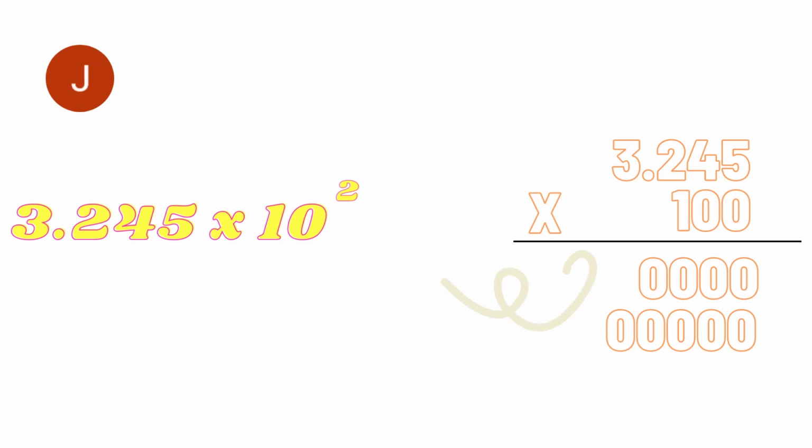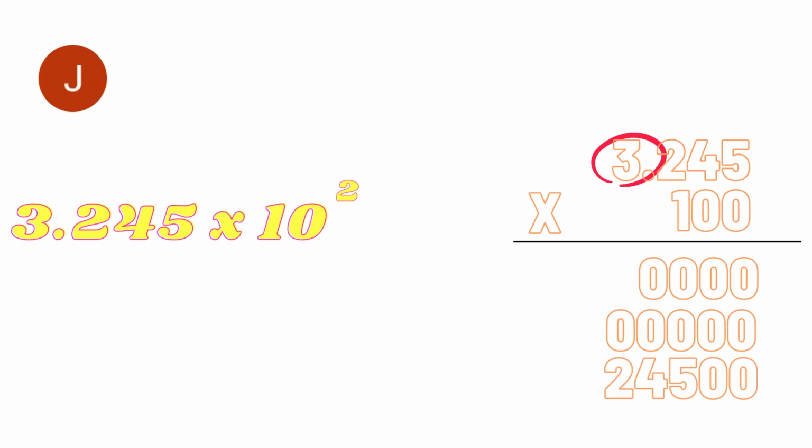Now, finally, we can move to the 1. The 1 is in the hundreds place. So before we start multiplying, we have to add the zeros in the 1's and the 10's place and then begin to multiply. 1 multiplied by 5 gives me 5. 1 multiplied by 4 gives me 4. 1 multiplied by 2 gives me 2.